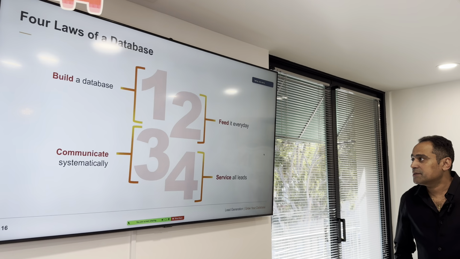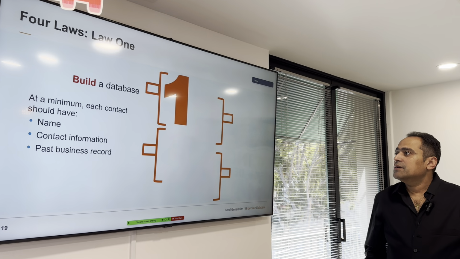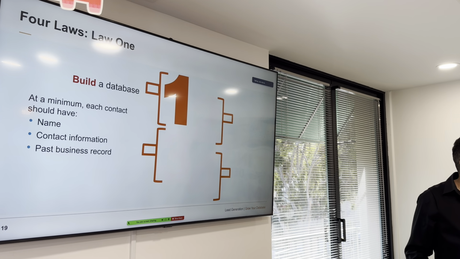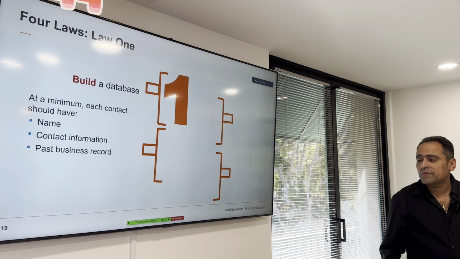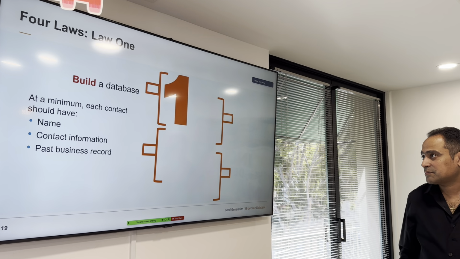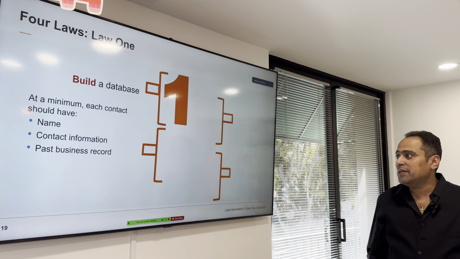So, build your database. At a minimum, when you build your database, you're putting in a contact. You need to put a name, and you need to have a cell phone and an email. So the name and the contact information is the cell phone and email.